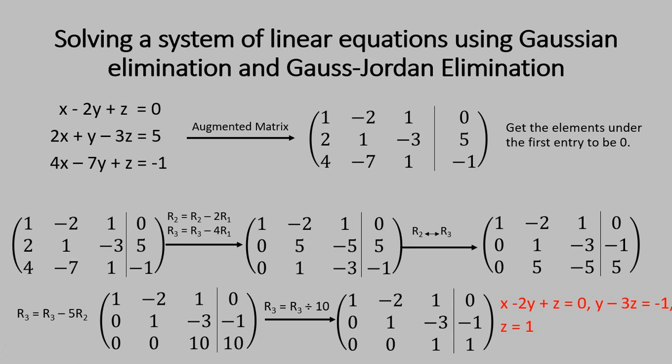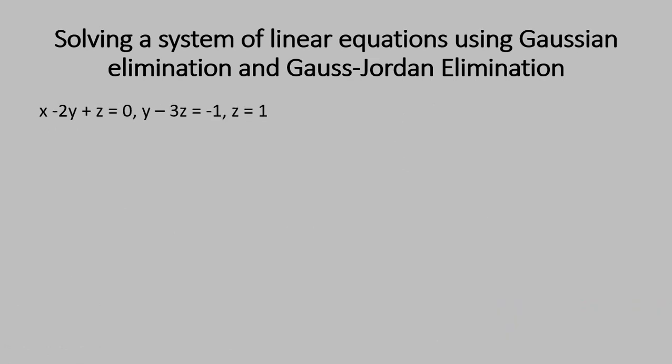So let's proceed. We know that z is equal to 1, so right off the bat we already have the value for z. From the second equation, we know that y minus 3z is equal to minus 1, but we know that z is 1. So we substitute z as 1 and we get y minus 3 times 1 is equal to negative 1, and solving for y, we get y equal to 2.